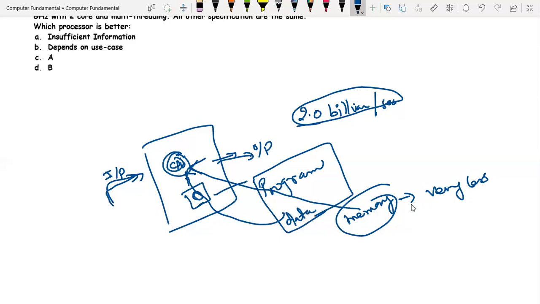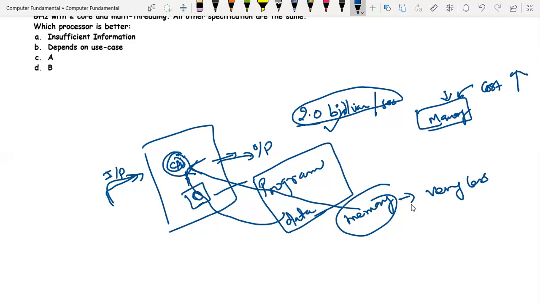Now, if you can afford a memory that has the speed of this CPU, that's the best thing. But if you construct such a memory element, its cost is what? Huge. You getting the point?